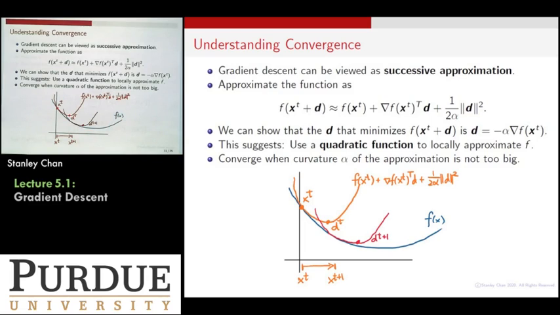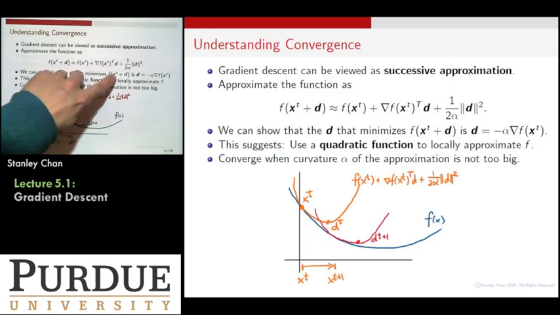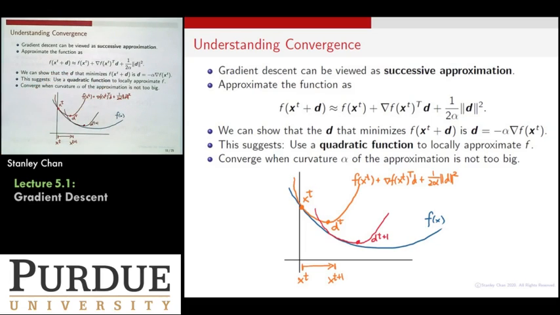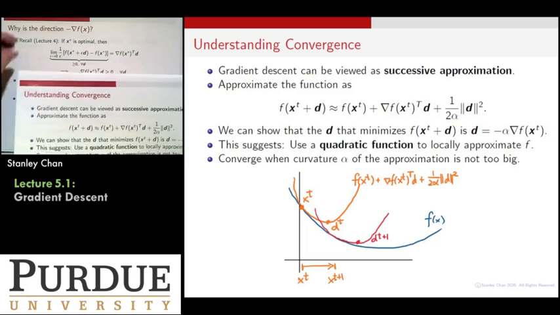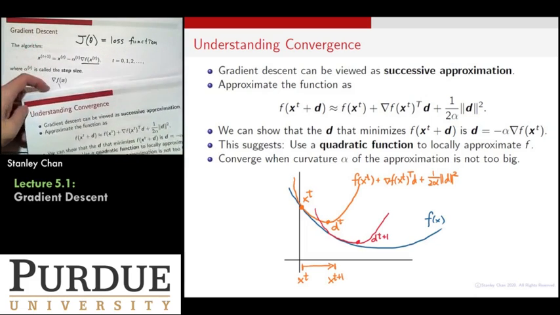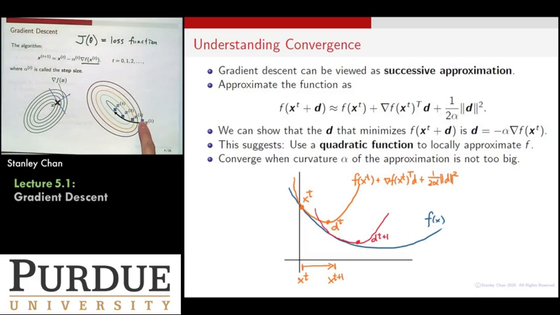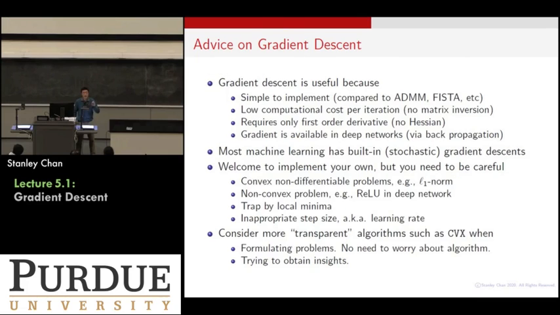So the iteration is always on x of t. So the dt is like a byproduct. So if you actually go back to the original gradient descent diagram, here you're also finding the dt at every step, right? No, you're not finding the dt as the solution, but you need to find the dt in order to find your x of t plus 1. So that's the same story here.